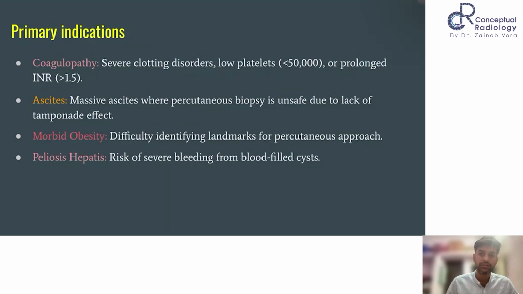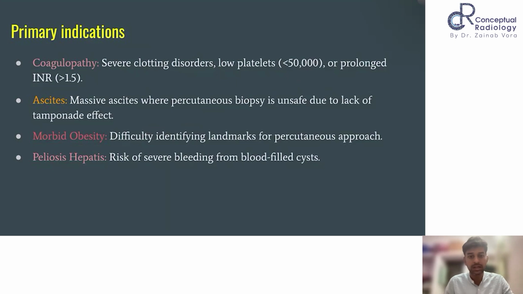But if the patient is high risk, has deranged coagulation parameters, and the INR is more than 1.5, and if the right IJV is patent, it's always beneficial to perform a TJLB rather than a percutaneous biopsy. So what is the other modification that we can use when there is derangement of the coagulation parameters?